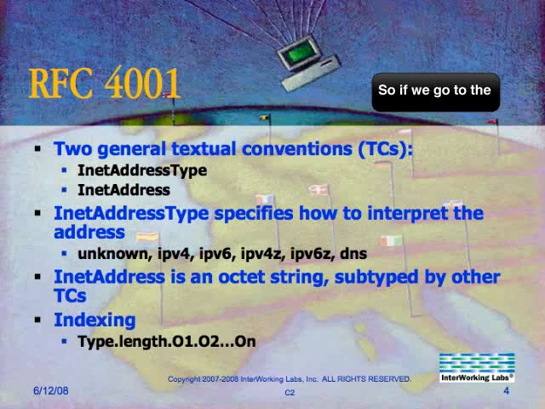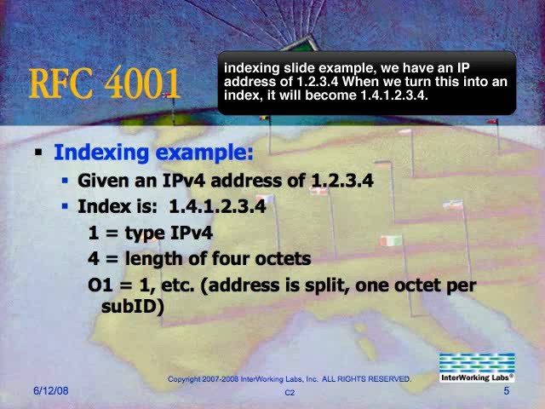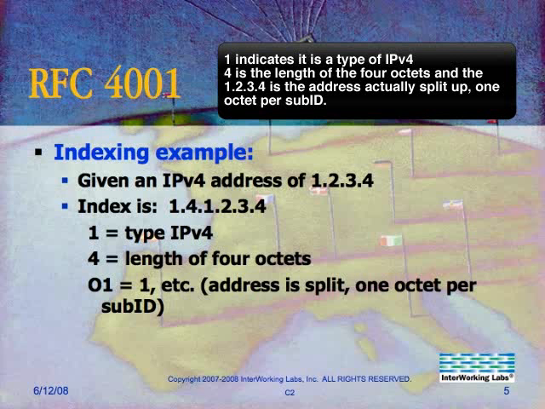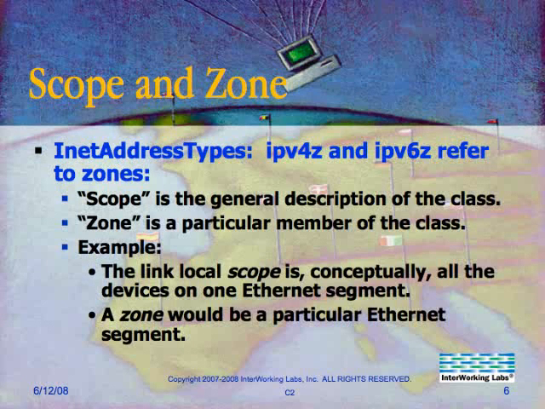So if we go to the indexing example, we have an IP address of 1.2.3.4. When we turn this into an index, it will become 1.4.1.2.3.4. 1 indicates that it is a type of IPv4. 4 is the length of the 4 octets. And the 1.2.3.4 is the address actually split up 1 octet per sub-ID.